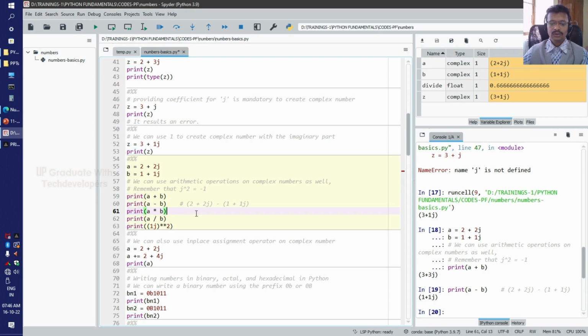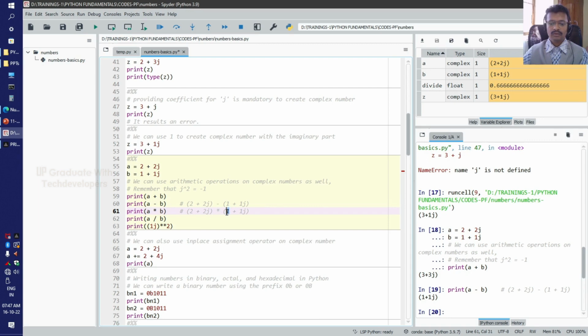Let us do the multiplication. Multiplication takes place like this. 2 plus 2j star 1 plus 1j, and we know that j square is nothing but minus 1.